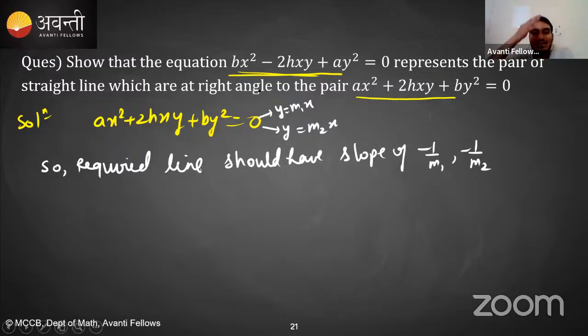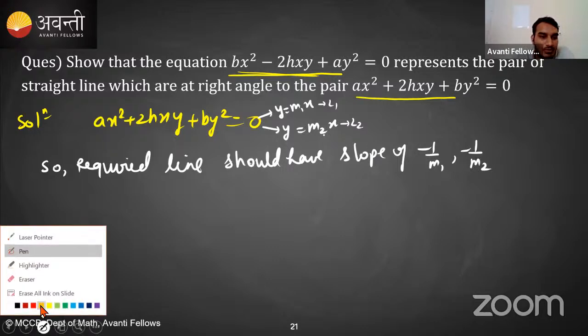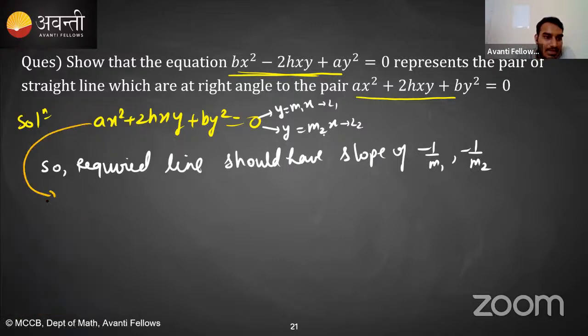Right angle lines are perpendicular, so one line should be perpendicular to the line, let's say L1, and another line should be perpendicular to the line, let's say L2. The line perpendicular to L1 will have the slope minus 1 upon m1, and the line perpendicular to L2 will have the slope of minus 1 upon m2. Clear? Now again I want to focus on this equation.